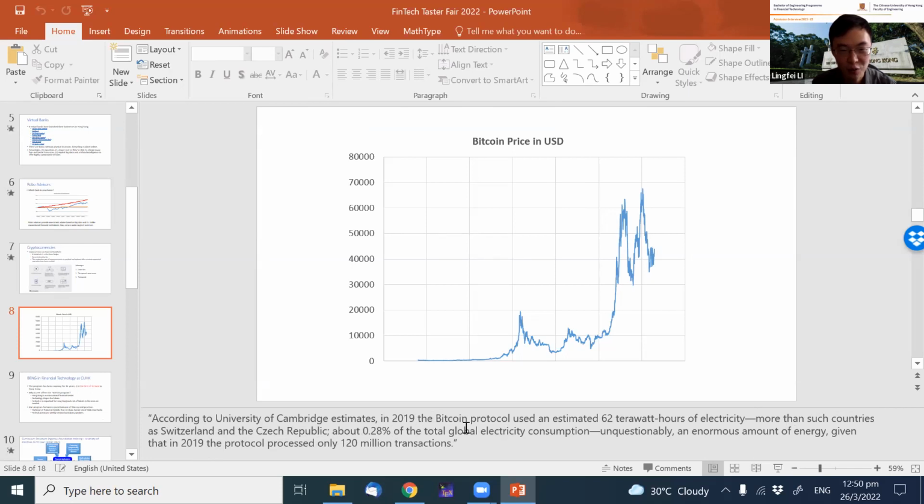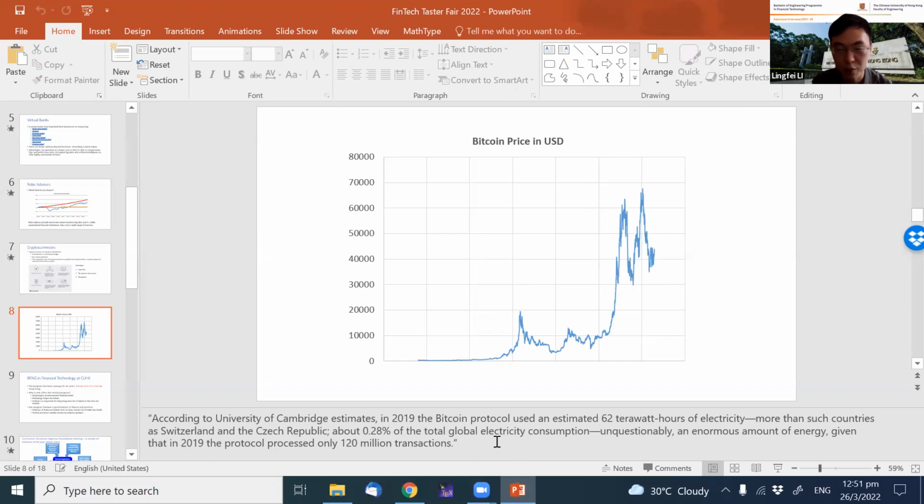Also, if you look at the percentage of total global electricity consumption, Bitcoin mining takes up about 0.28%. That's already a significant percentage, given that the blockchain for Bitcoin only processed 120 million transactions in 2019. If you process more transactions, you will consume even more electricity. So Bitcoin is definitely not environmentally friendly.